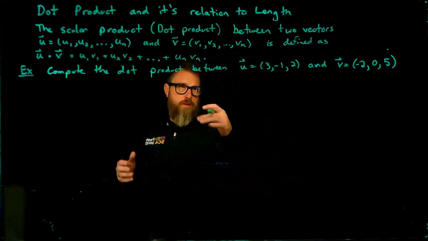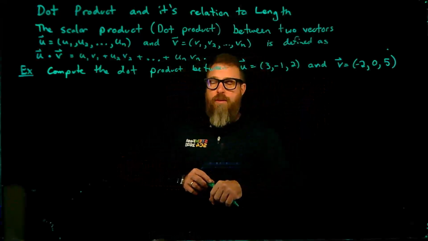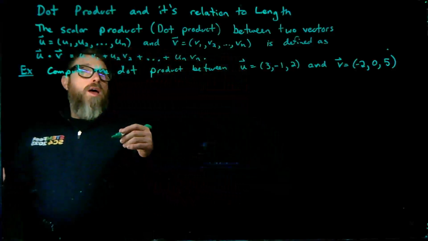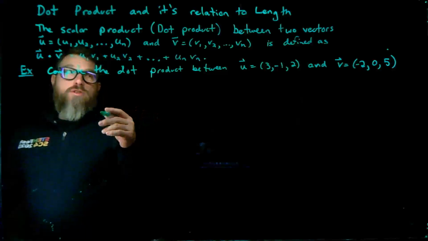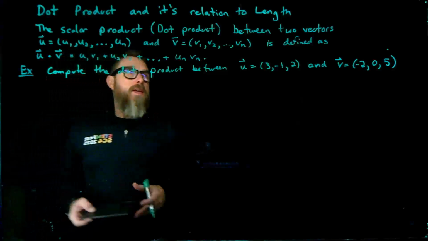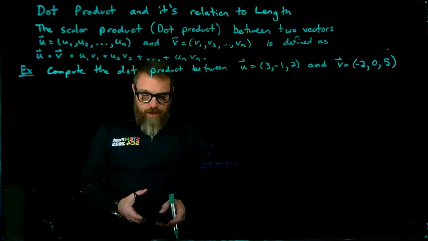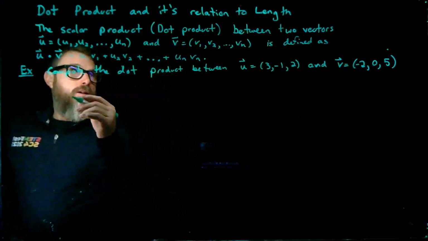So what I want to do is compute the dot product between these two vectors, and then we'll talk about its relation to length, and distance, essentially. If I want to find the dot product between u and v, let's compute it this way.